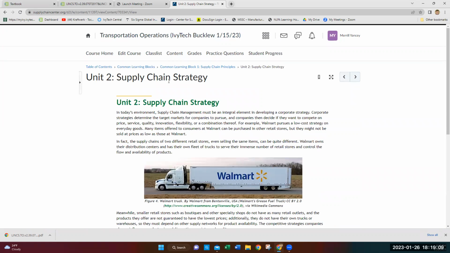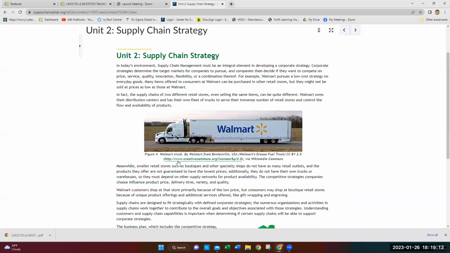So we just want to take a quick look at what the subject matter is for each of them. So we have supply chain strategy, and this talks about Walmart as the major expert here. They were asked when the European countries were coming together to fall under one currency and one supply chain, where would you put your warehouses?